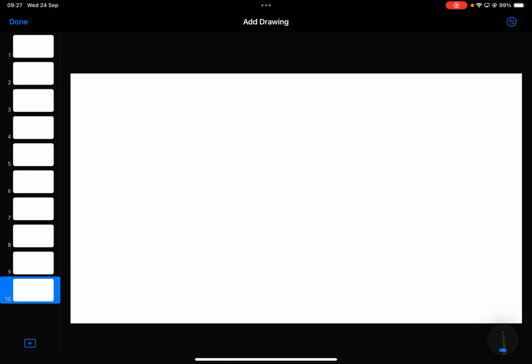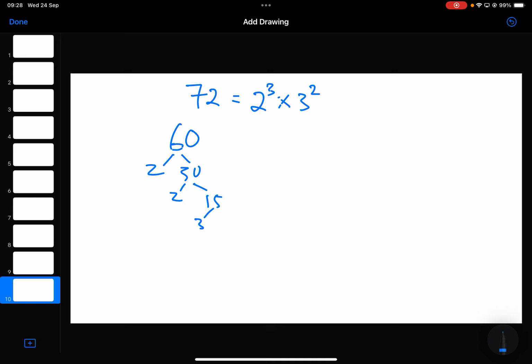Okay? Then the other method is I also go and prime factorize 60. Then I can write 60 as 2 squared times 3 times 5.